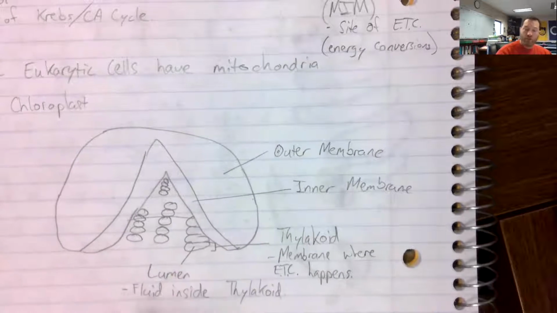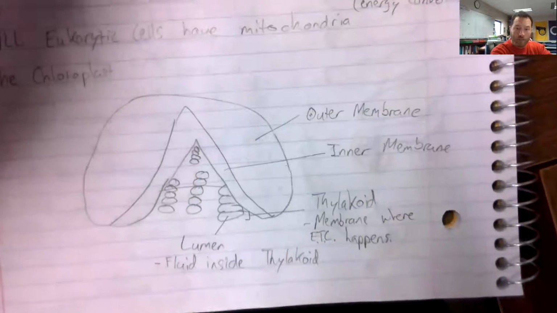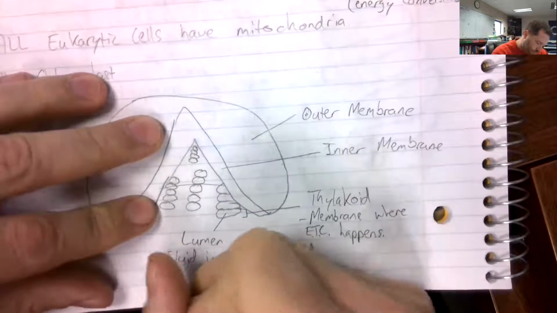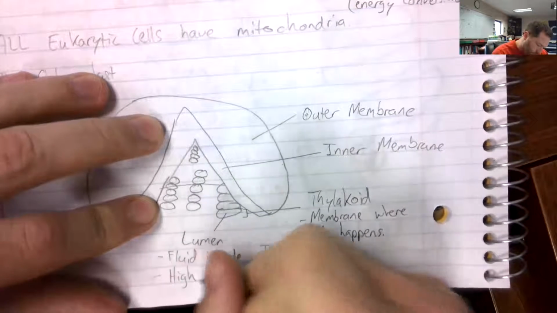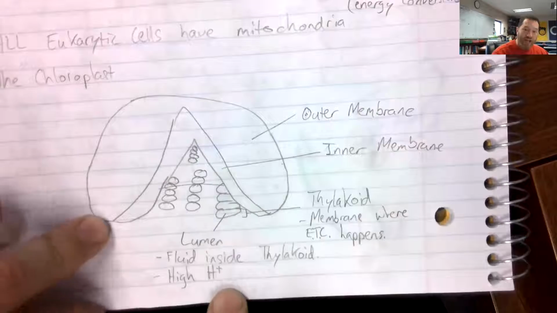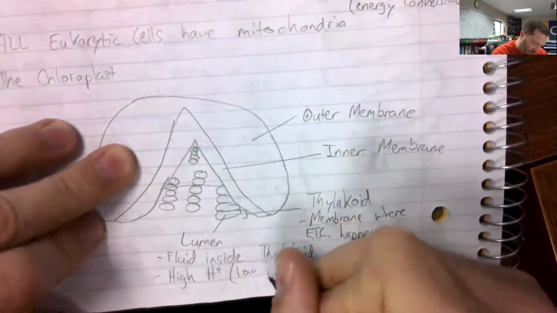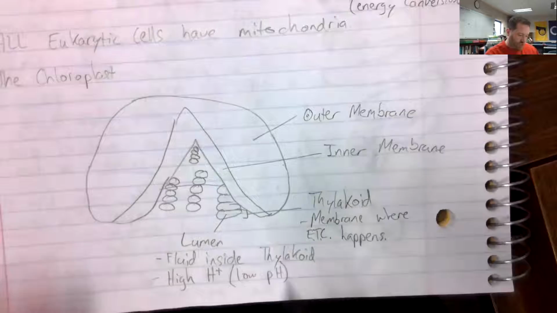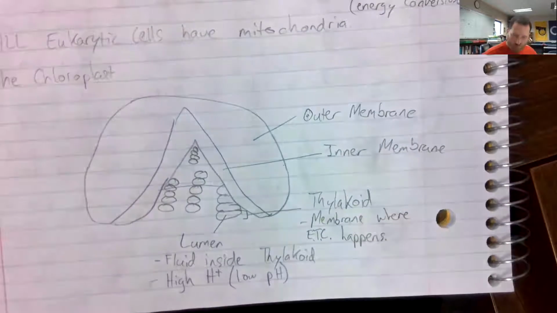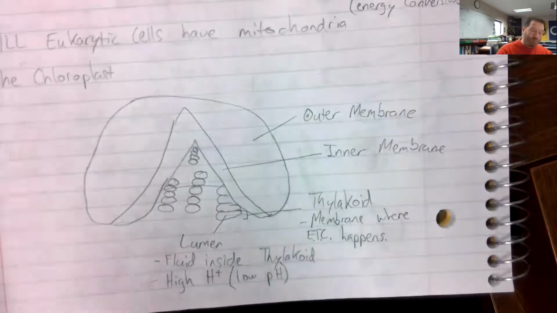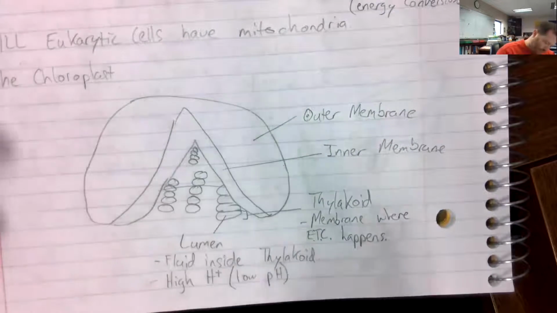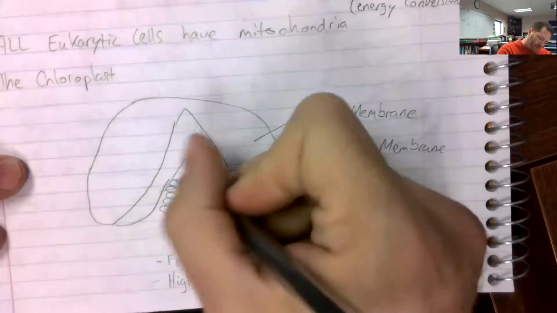Inside the thylakoid, there's a fluid we call the lumen. It has a high H plus concentration, and hopefully we're getting good at this. That means a low pH. Again, similar to part of the mitochondria.